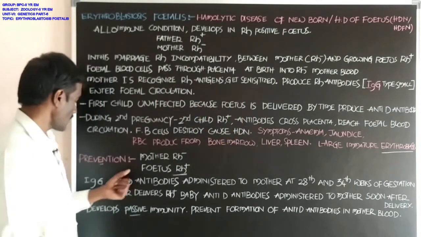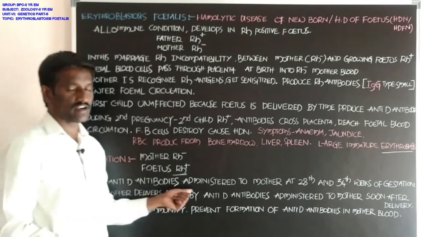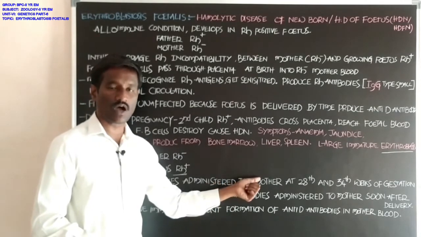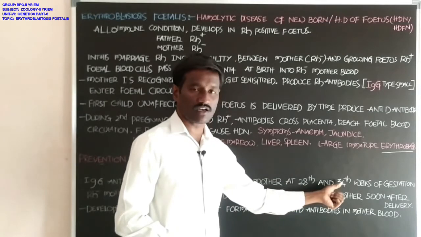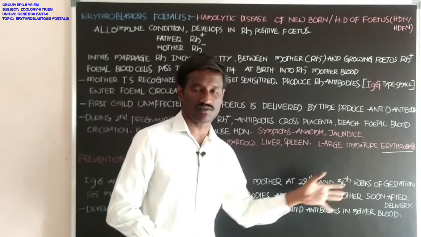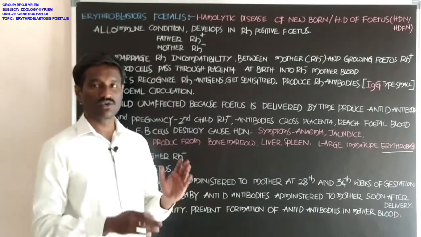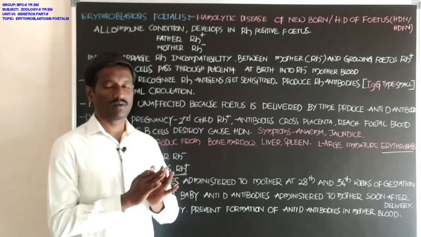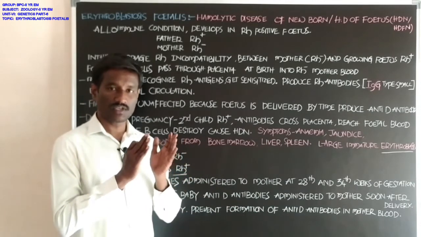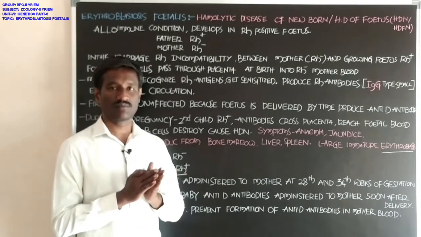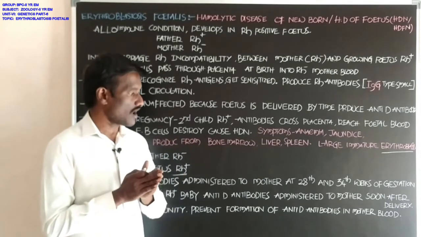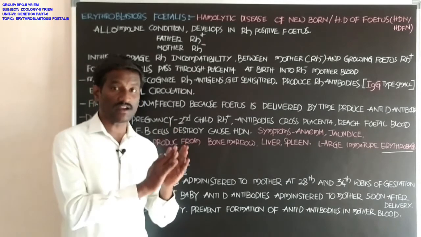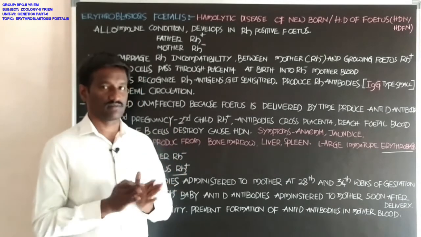Students, IgG anti-D antibodies are administered to the mother at the 28th and 34th week of gestation. The gestation period is nine months, equal to 38 or 40 weeks.